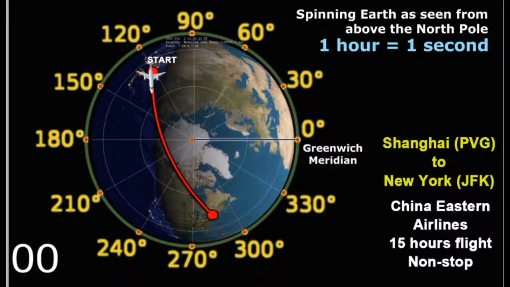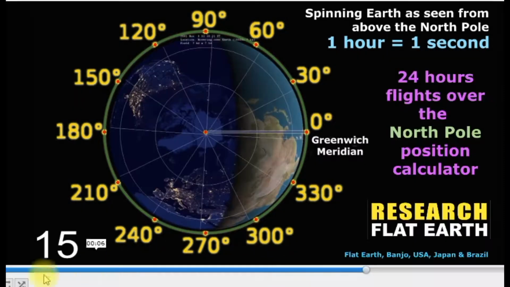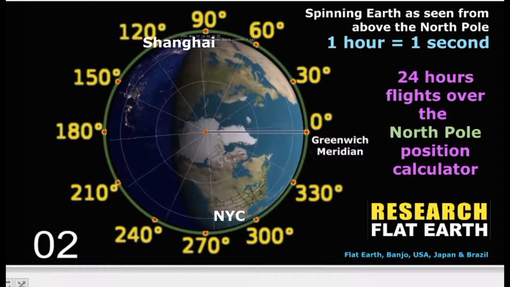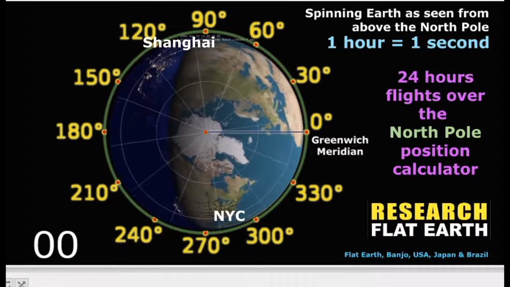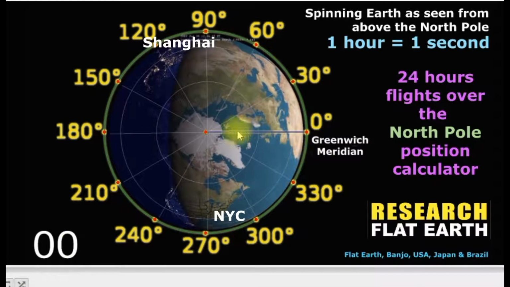So let's go ahead and set the timer again. And there you have it. We have right here the prime meridian, Shanghai right here, New York City. Now the plane is taking off from here towards New York while the Earth is rotating. And let's get started now.